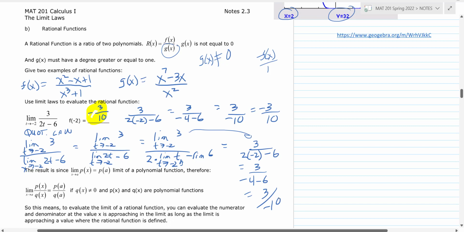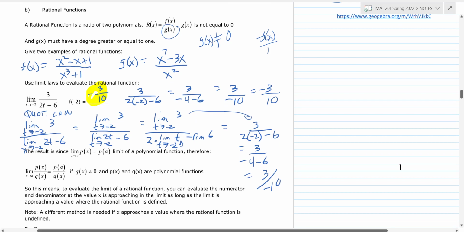Okay, so the idea is what will happen on a rational function is, just like a polynomial, you can plug the number in, and if you get a finite number, then that's going to be the answer to the limit. The only thing that will happen on rational functions sometimes is you will evaluate the function and it will be undefined, and in that case, there's going to be some different methodologies to working out those limits.